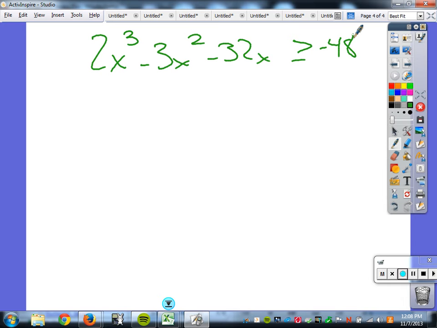If I find the zeros, my chart should be pretty easy. Add the 48, because I want it equal to 0. It's really easy to tell if something's greater than 0 or less than 0. That's pretty much telling you whether it's positive or negative.